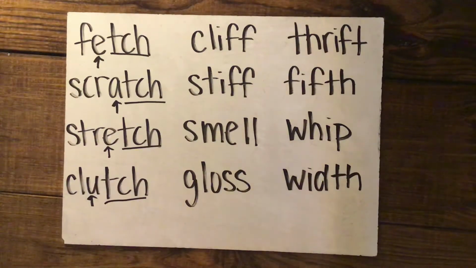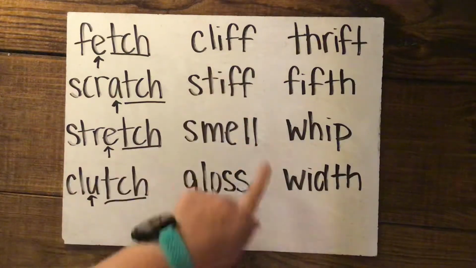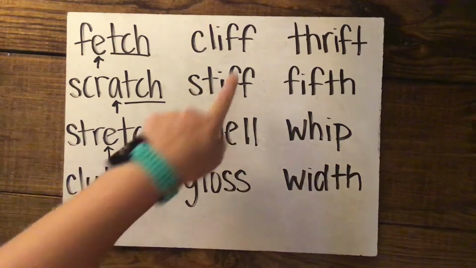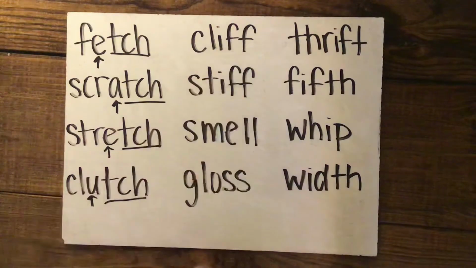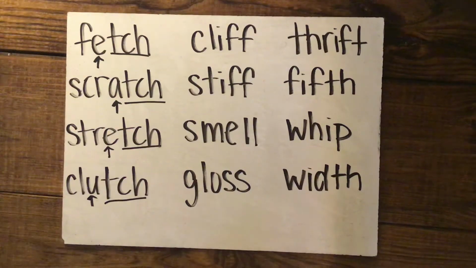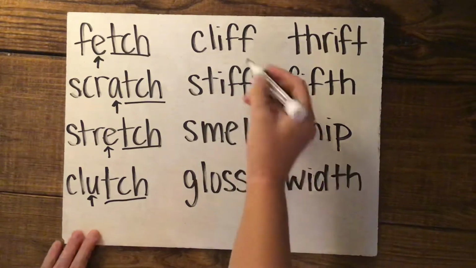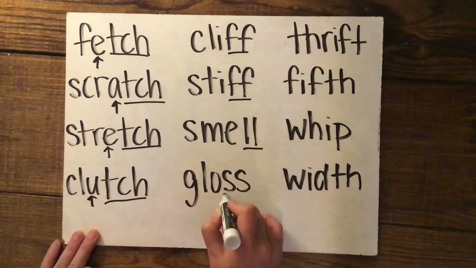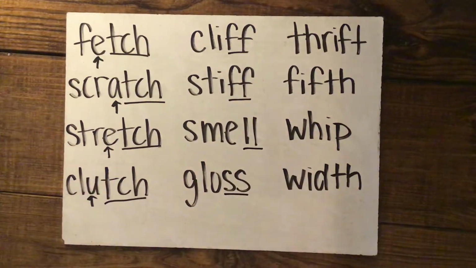The rule for the floss, whether it's FF, LL, SS, or ZZ, is that at the end of a one-syllable word after one short vowel, F is spelled FF, or L is spelled LL, or S is spelled SS. So I'm going to go ahead and underline those double consonants to remind us that those follow a specific rule.